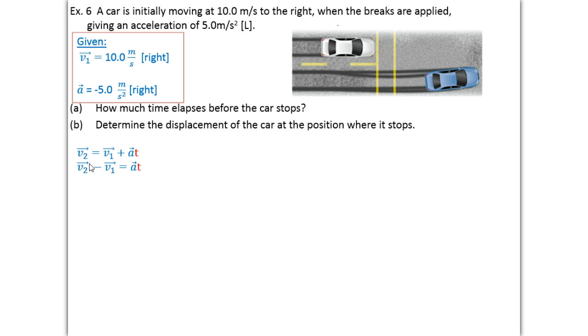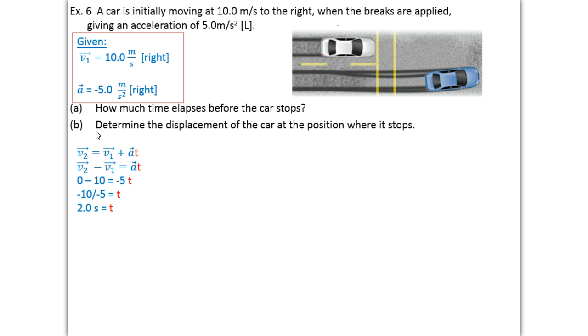Bring your V1 over to the other side. V1 is 10. Don't forget the negative is already there. Acceleration is negative 5. So negative 10 divided by negative 5, and your time is 2 seconds. If you work it out and get a negative answer, then you've done something wrong, because time should always be positive.